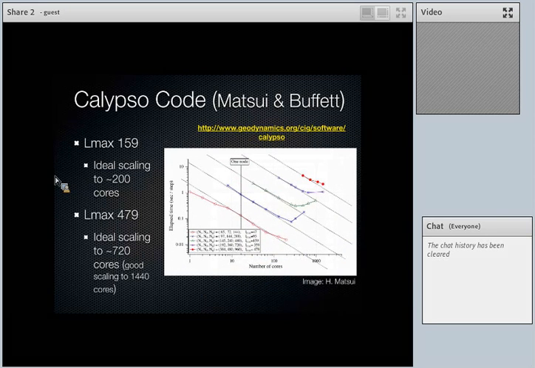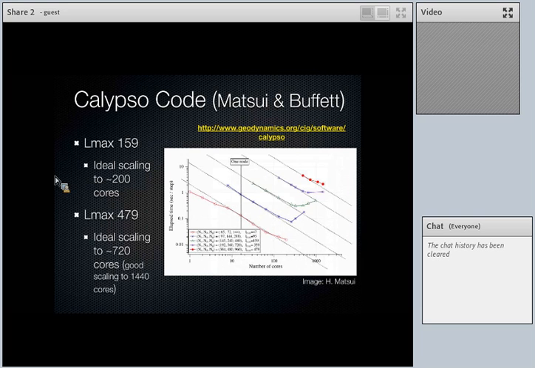This image shows the scaling properties of Calypso. We see the red curve is for a problem with maximum spherical harmonic degree of 47. The red curve with open red circles. And on the other side of the diagram is, again, a red curve, but with closed red circles, that corresponds to an Lmax, a maximum spherical harmonic degree of almost 500.